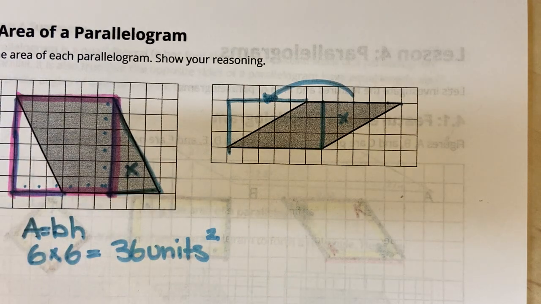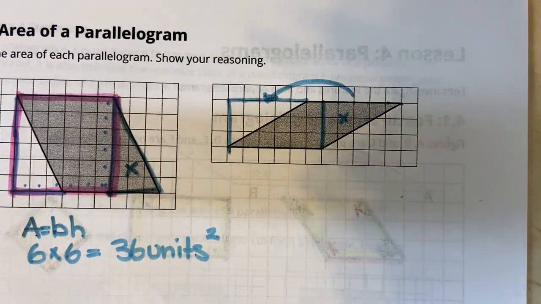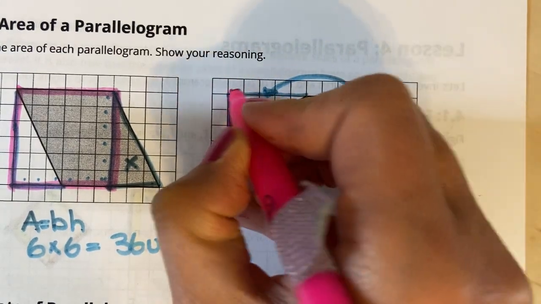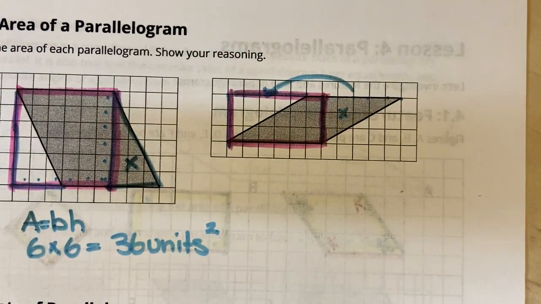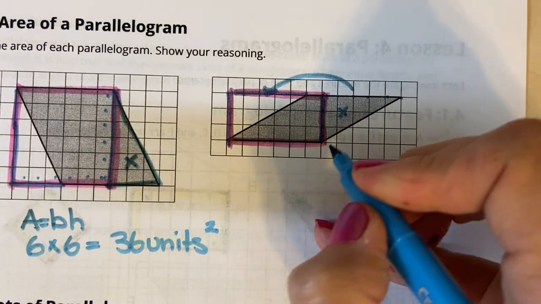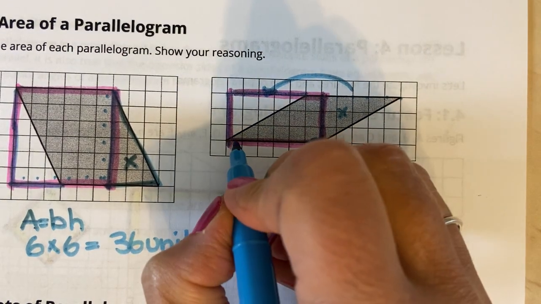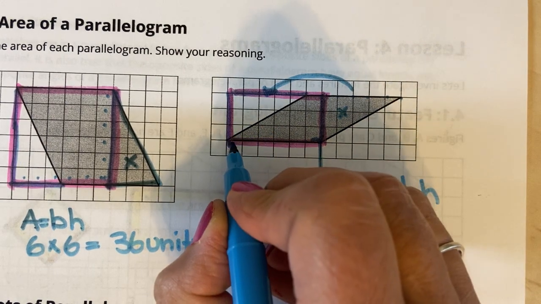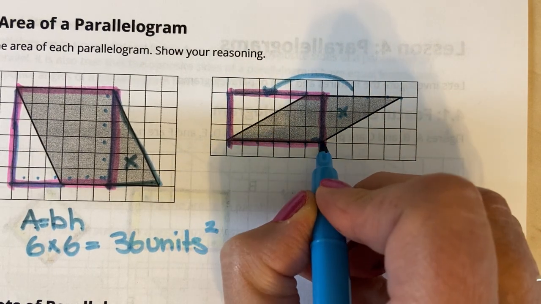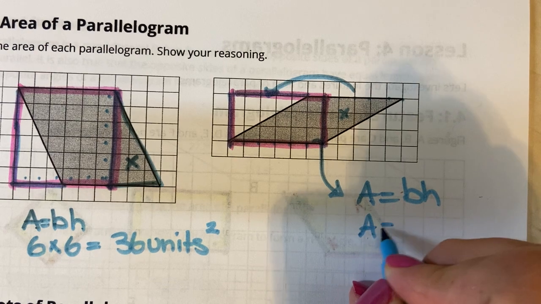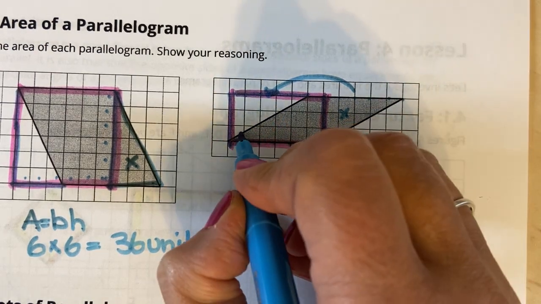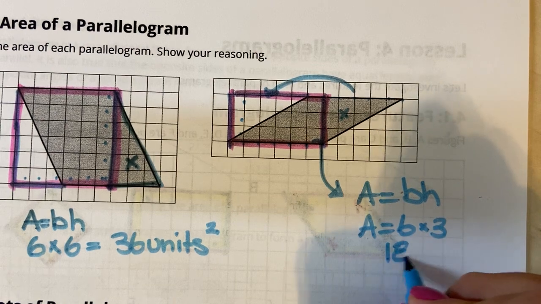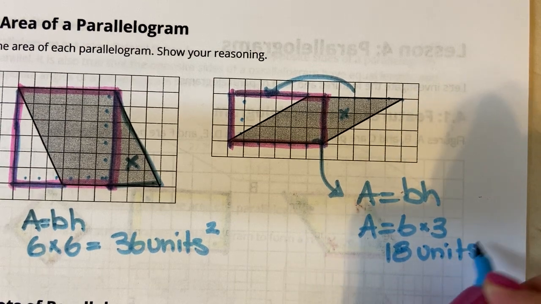And then I get my highlighter, this rectangle. And then if I want to find the area of this, I do base times height. My base now is 1, 2, 3, 4, 5, 6. My height is 1, 2, 3. And I get 18 units squared.